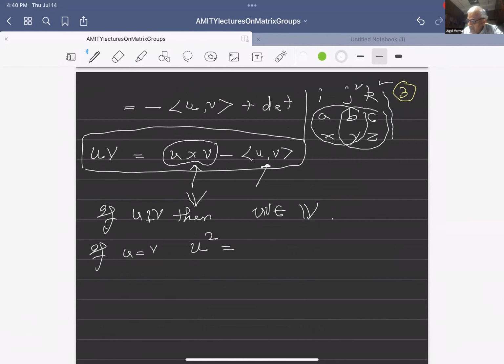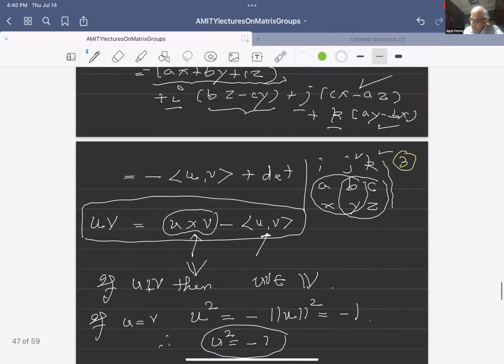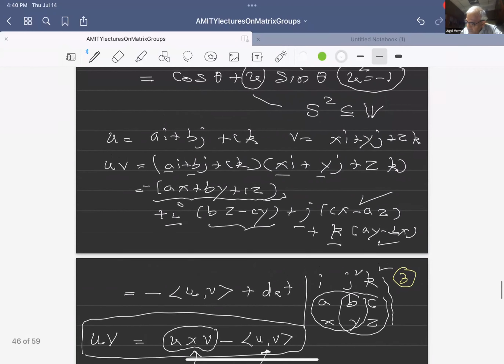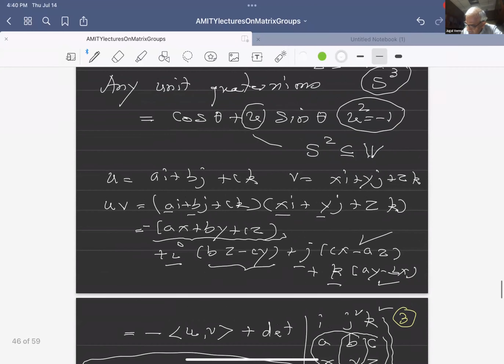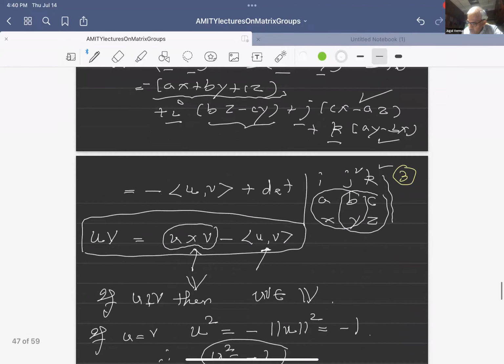The right hand side is minus the square of the length of U, and that is equal to minus 1. So U square equal to minus 1. Okay. So if I take this unit quaternion which is purely imaginary, then U square is minus 1.